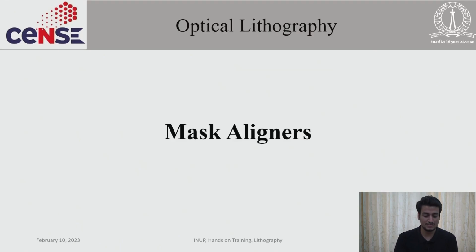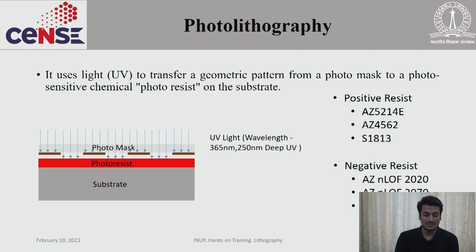Now the mask aligners. So what is mask aligning basically? In mask aligning we use a photo mask which has an opaque region as well as a transparent region. The transparent region allows the UV to pass through and expose the photoresist over the substrate in that specific area. We have sources of 365 nanometer and 250 nanometer deep UV.